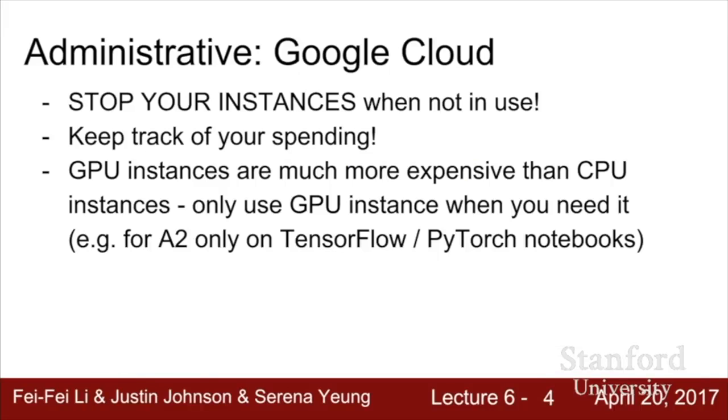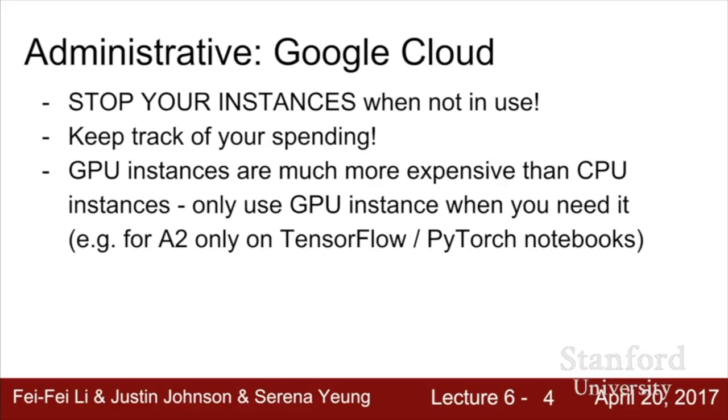Another thing to remember is it's up to you guys to keep track of your spending on Google Cloud. In particular, instances that use GPUs are a lot more expensive than those with CPUs. Rough order of magnitude, those GPU instances are around 90 cents to $1 an hour. So those are actually quite pricey, and the CPU instances are much cheaper. The general strategy is that you probably want to make 2 instances, one with a GPU and one without, and then only use that GPU instance when you really need the GPU.